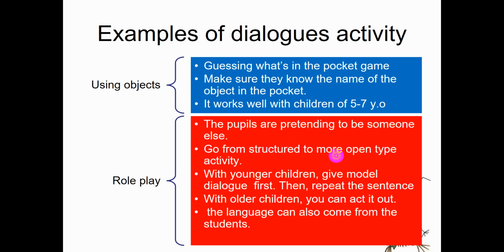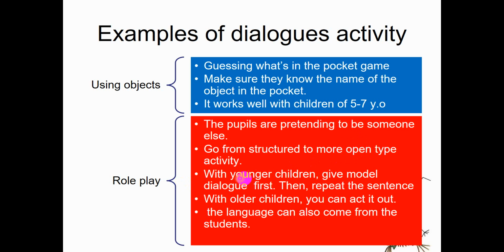If the students are beginners, maybe you can just give them controlled and guided activities, not free activity, because their language is very limited. But if the children are not beginners, let's say even though they are children, the level is intermediate, then you can have freer activity.